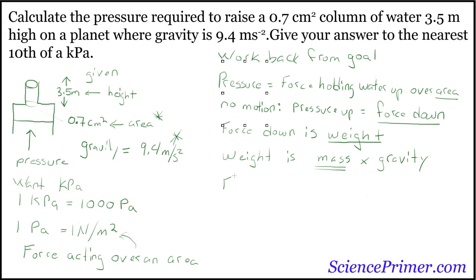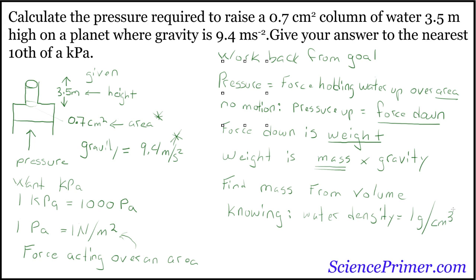So if we can find mass, we can do that, and we can find mass from the volume of the water, knowing that the density of water equals 1 gram per cubic centimeter. So we find volume, use that to find mass, and from mass we can back all the way up to pressure.